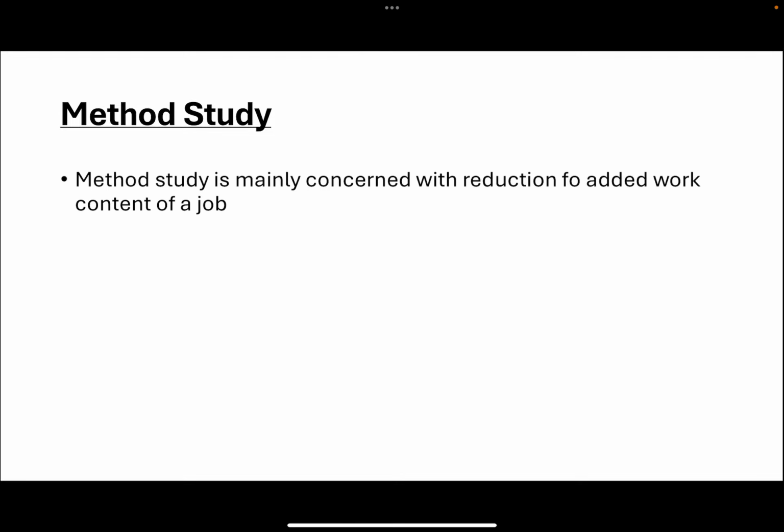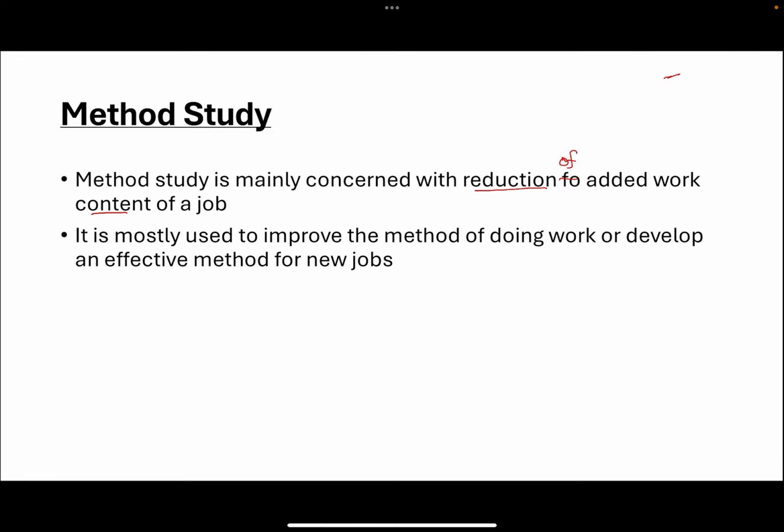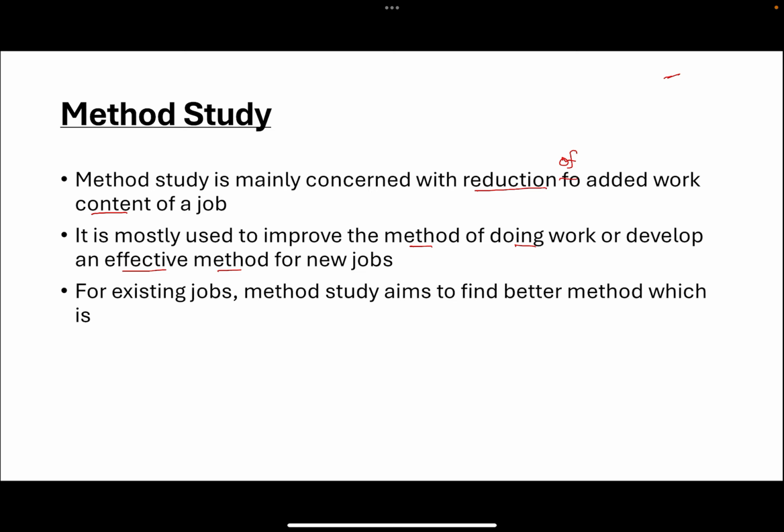Now let us go a little deeper into method study. Method study, as I told you, is mainly concerned with the reduction of added work content of a job. We have already calculated the total work content, and we are trying to minimize it. It is mostly used to improve the method of doing work or develop an effective method for new jobs. That is, we are trying to develop the best method to do a job.